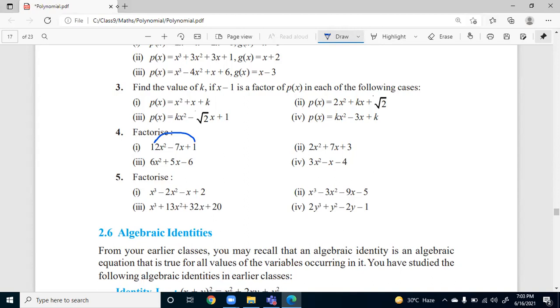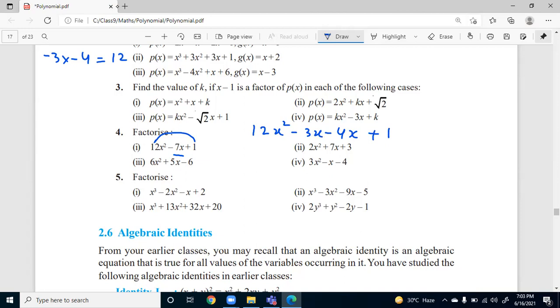If I multiply minus 3 into minus 4, I am getting 12, and if I add minus 3 and minus 4, I will be getting minus 7. So I can split the middle term as minus 3x minus 4x plus 1.